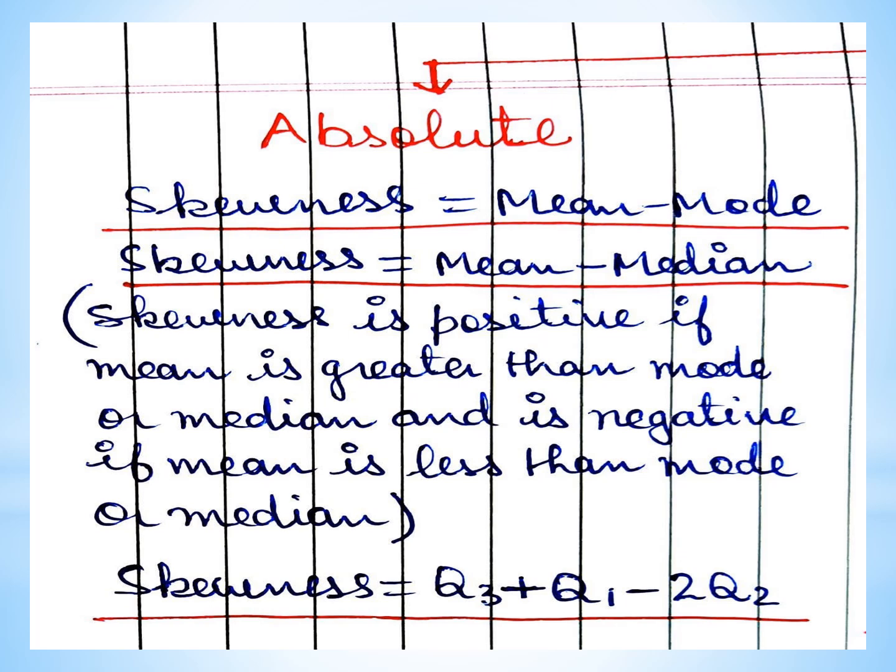Skewness is positive if mean is greater than mode or median, and skewness is negative if the mean is less than mode or median. We have one another formula for skewness. Skewness is equal to Q3 plus Q1 minus 2Q2.